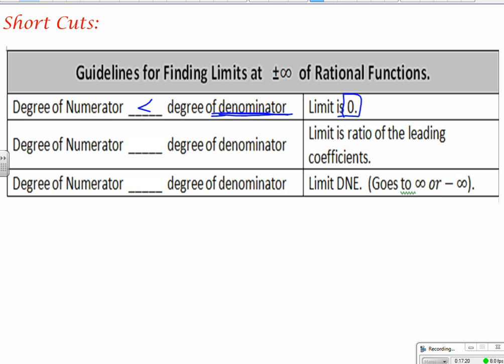When the degree of the numerator is equal to the degree of the denominator, your limit is the ratio of the coefficients that lead those highest degrees. And the degree of the numerator being greater than the degree of the denominator, the limit does not exist. The function is going to tend off to infinity or negative infinity. And I think that's all I have time for.